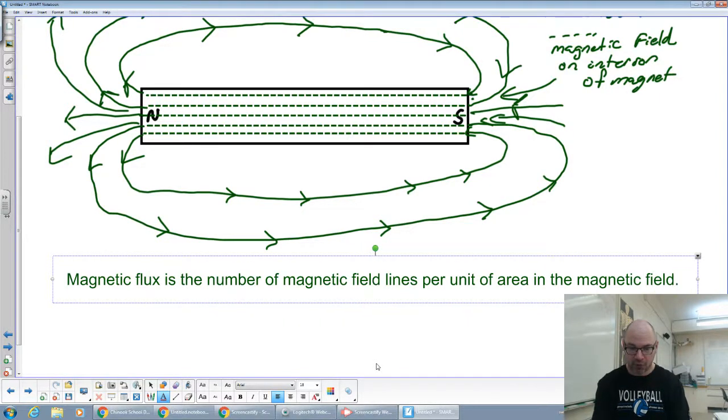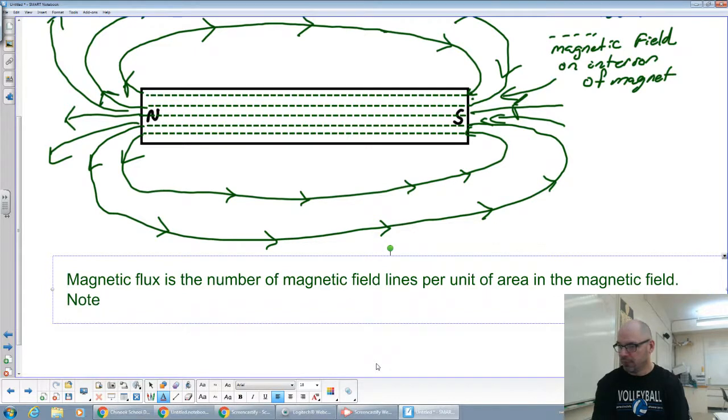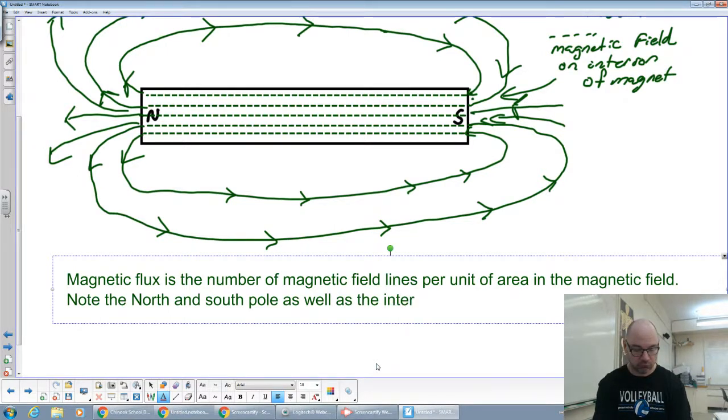Note, the north and south pole, as well as the interior of the magnet, have high magnetic flux.